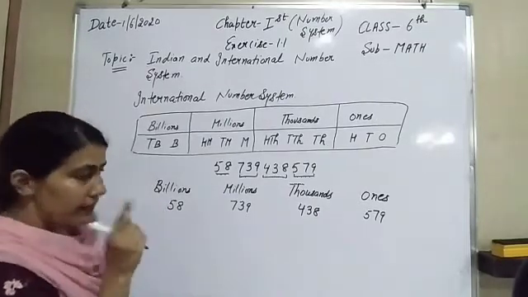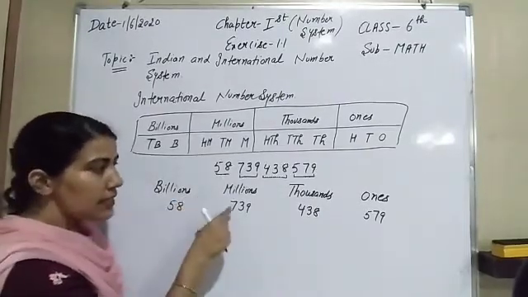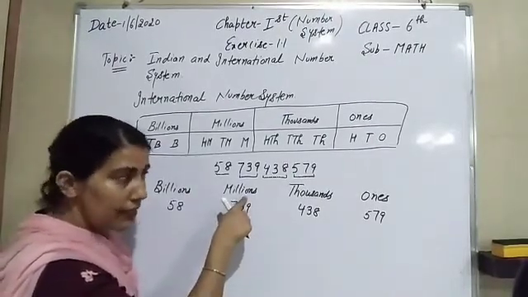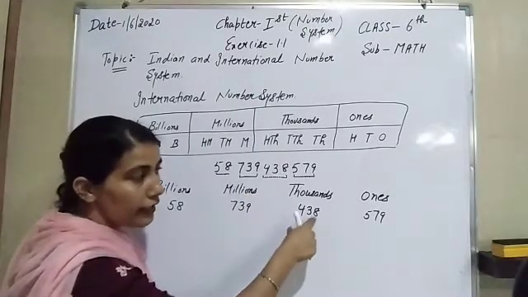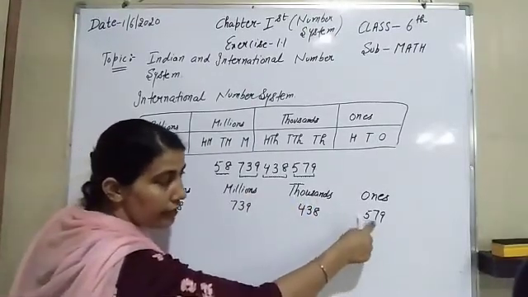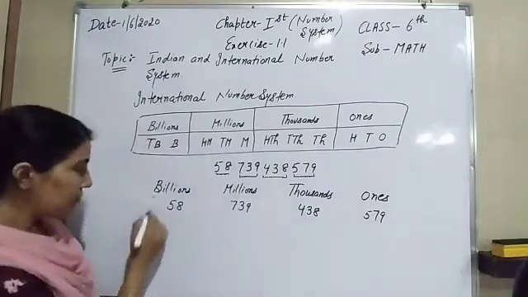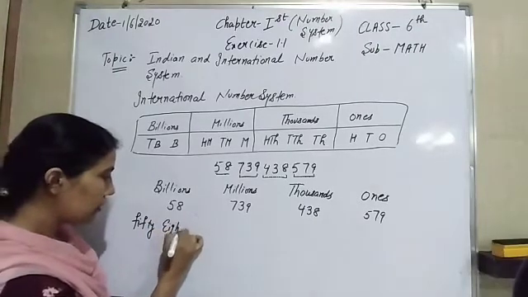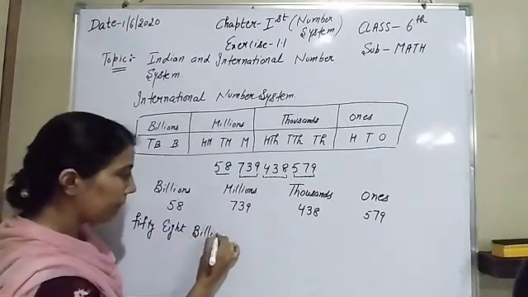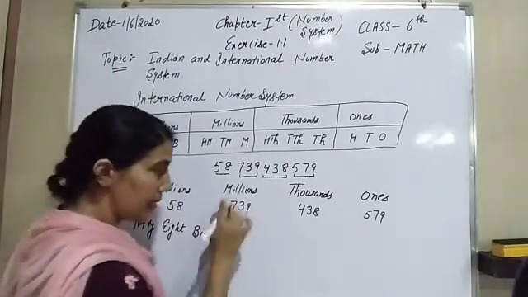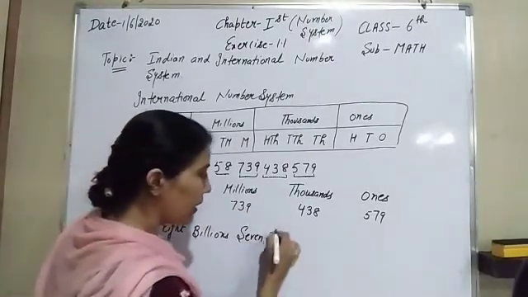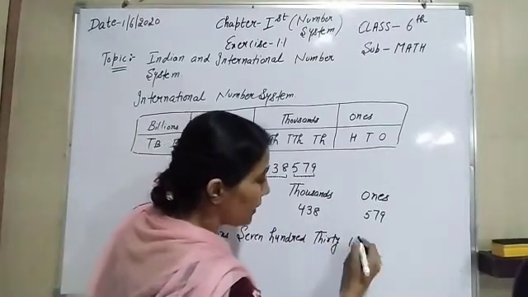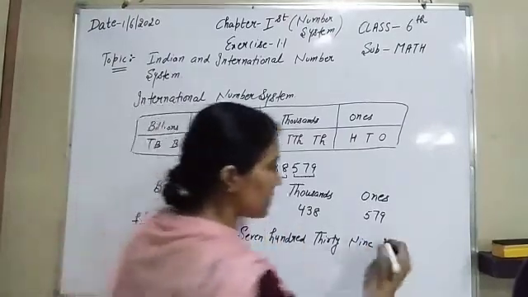Now in which way can we write this? 58 billions, 739 millions, 438,579. So write it in this way: 58 billions, 739 millions, that is millions.